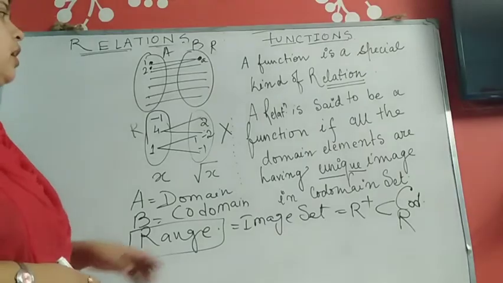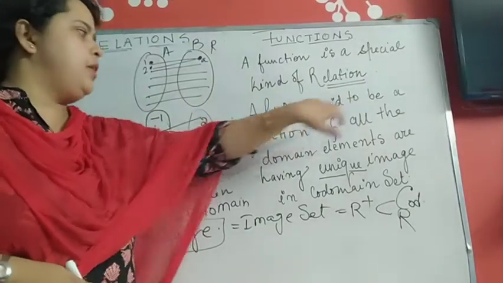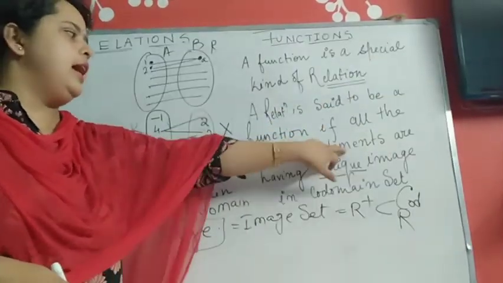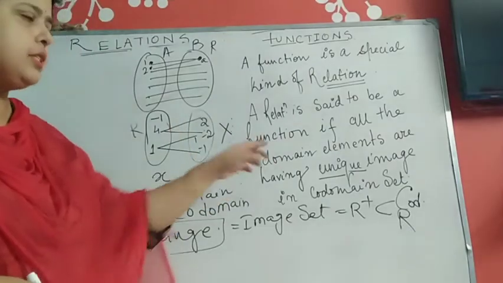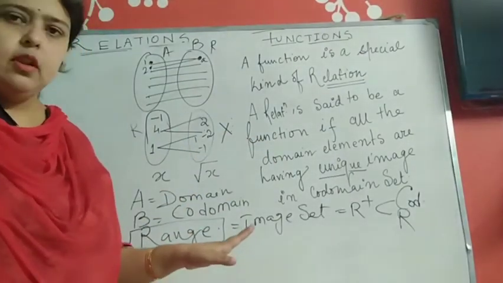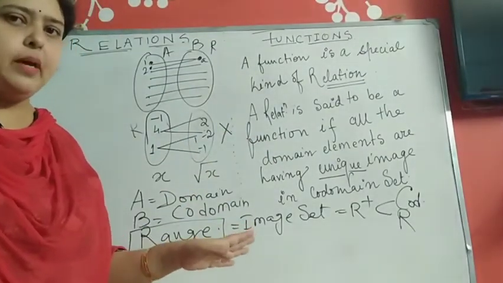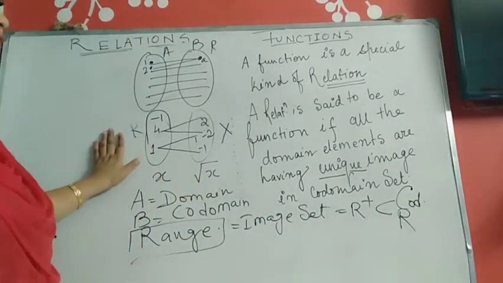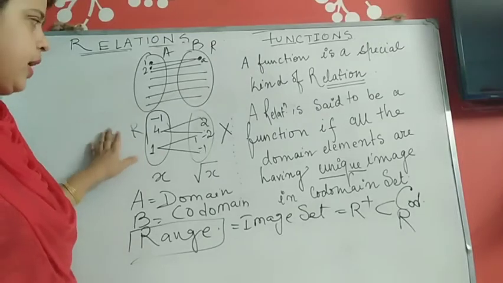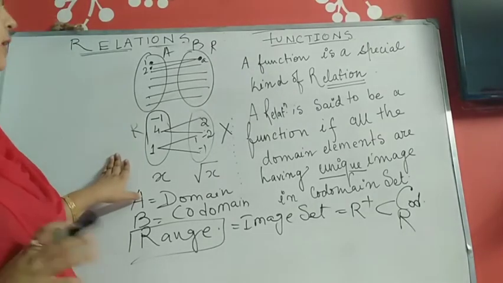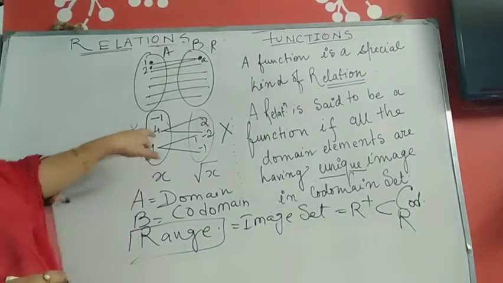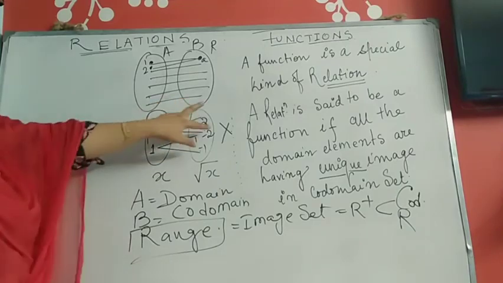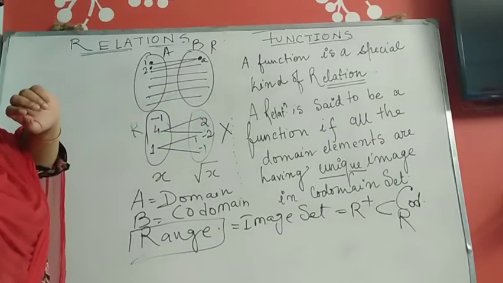So first of all, relation is said to be a function if all the domain elements are having image. So first criteria is not done here. It is not obeying the first criteria. So for that cause, we will say the square root relation is not a function here.